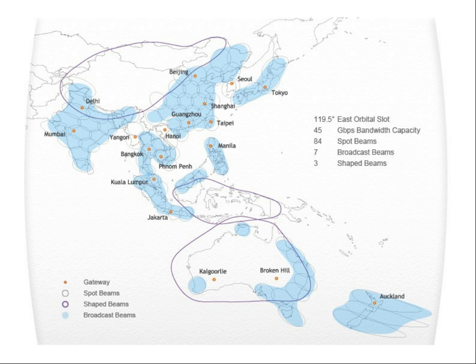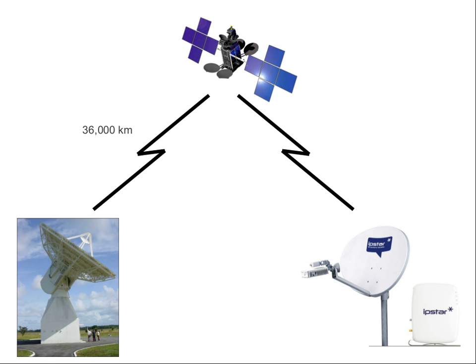IP Star provides satellite internet service, where you have an antenna at home like this. It's about this big, about 0.5 metre diameter. You have a modem that connects into that, and you can transmit up to the antenna and receive from the antenna, and so transmit up to the satellite and receive from the satellite, which connects to one of several ground stations, which then connects to the internet.